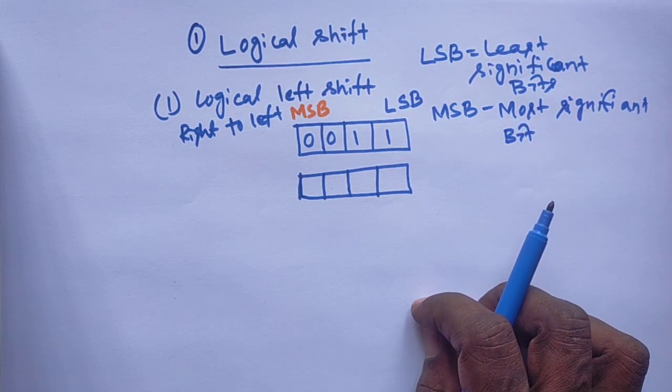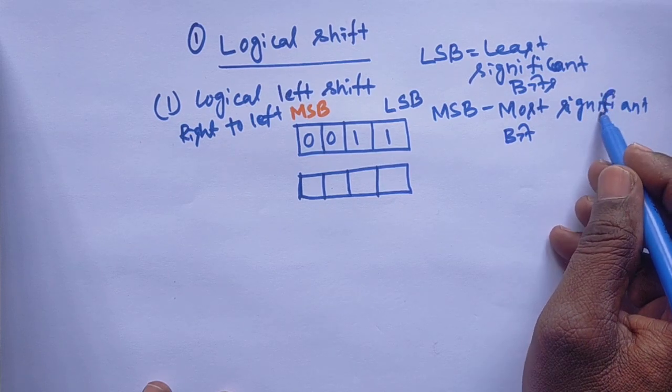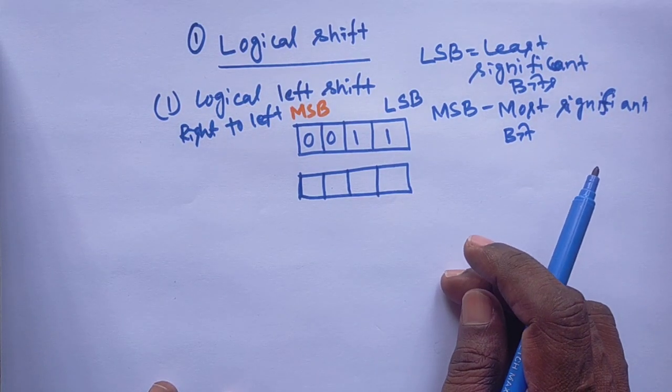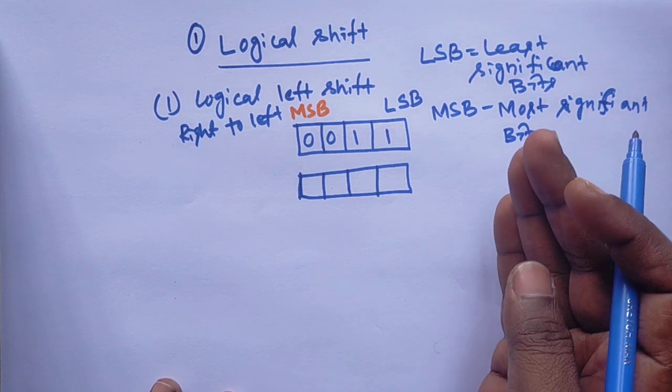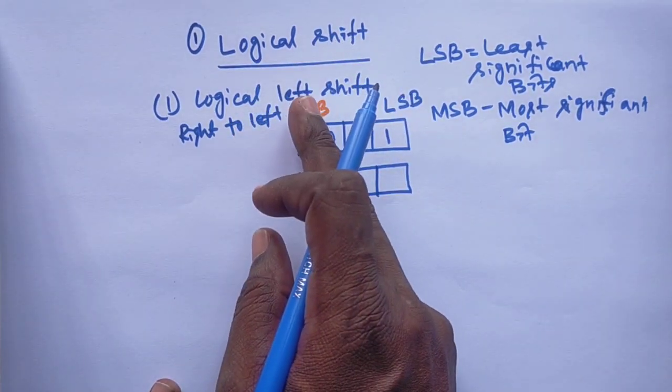Okay, most significant bit. These are the two side bits. Now see, when we shift our data from right to left, it is called a logical left shift.